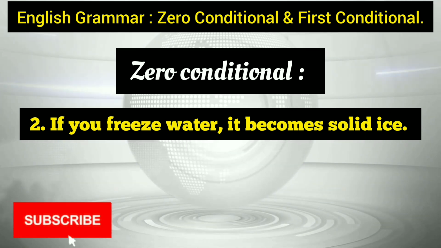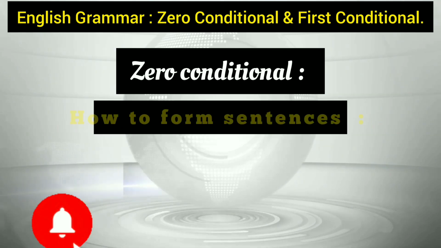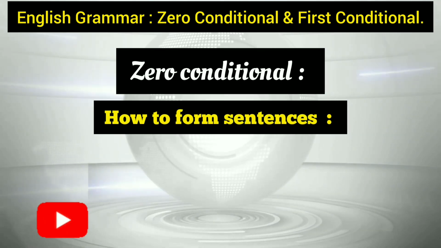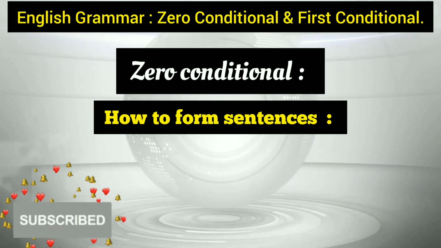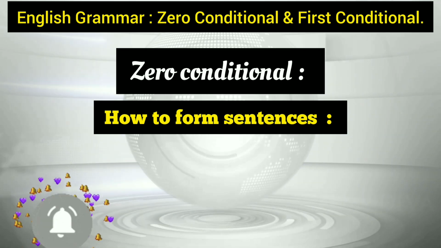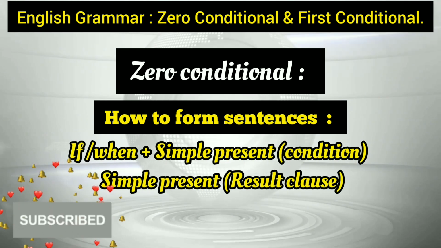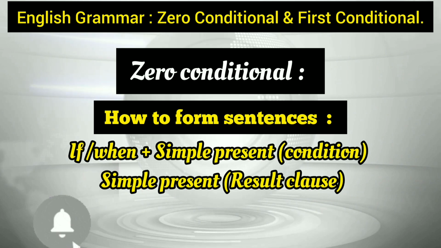Up next, let me discuss how to form sentences, which is quite imperative for your day-to-day English conversation. As you see, we use if, or we can also use when, plus simple present to talk about the condition, and that's called the if clause.